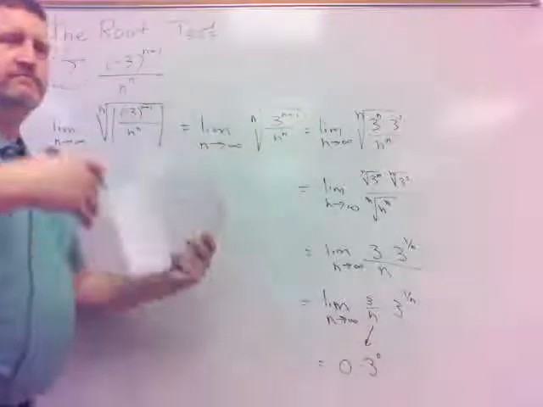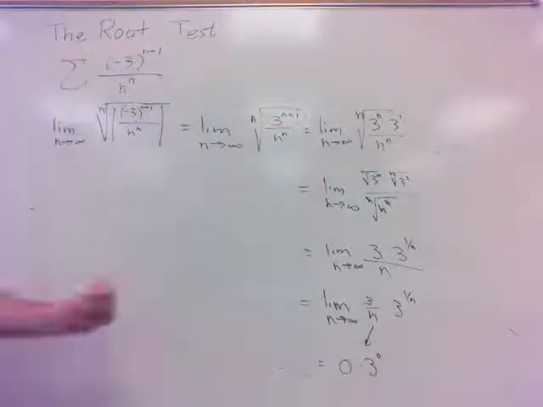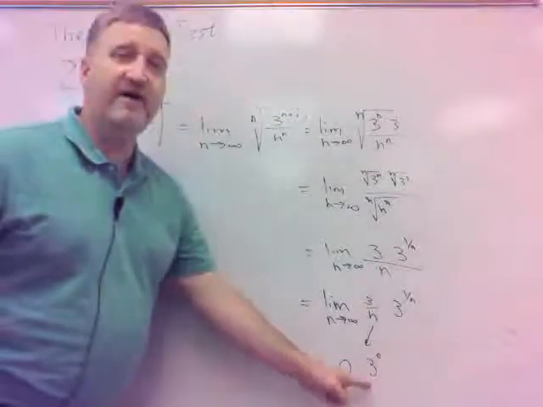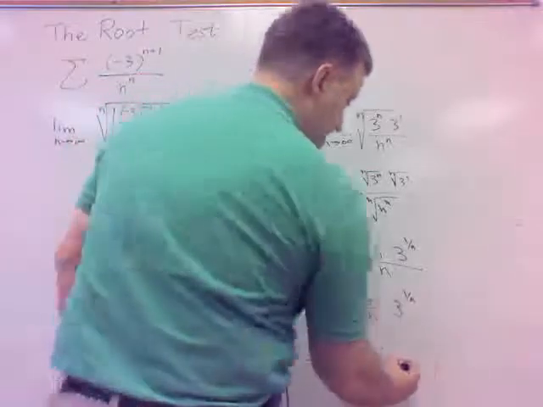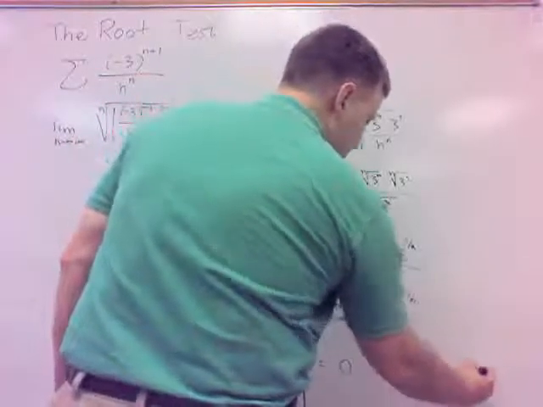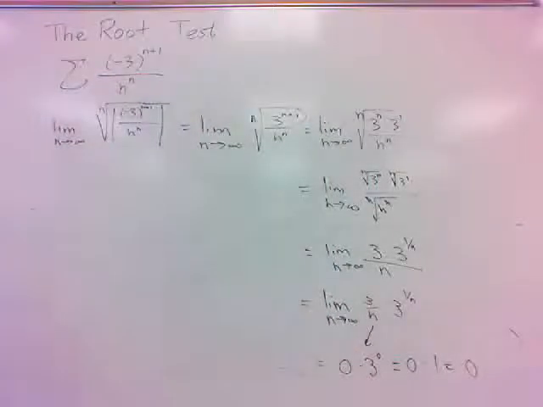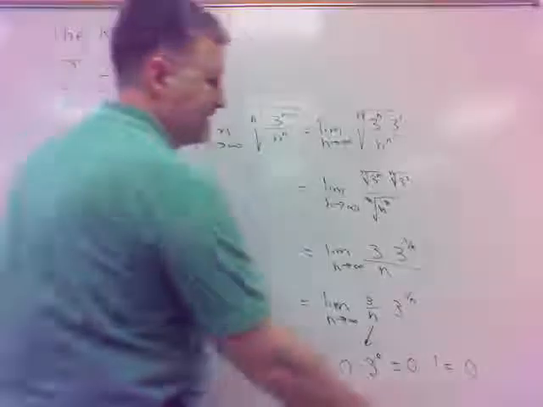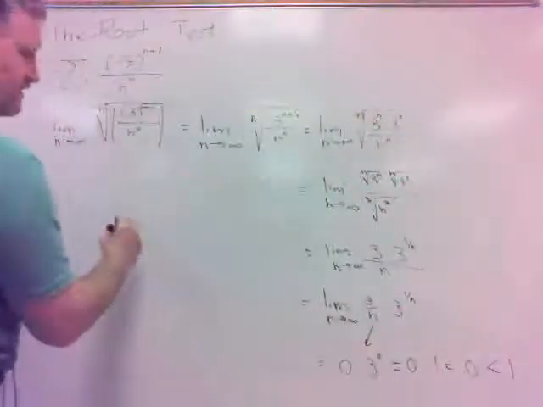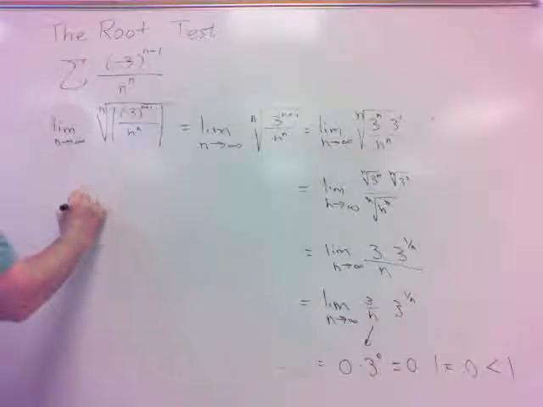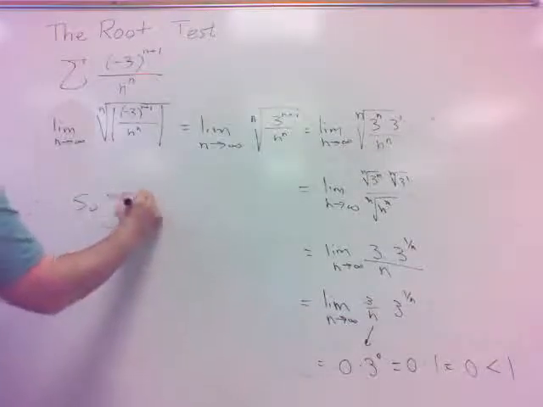So I don't have an indeterminate form. I've got basically 0 times 1, which is 0. So that one was a little bit different. Less than 1 is conclusive: the root test tells me the series converges absolutely.